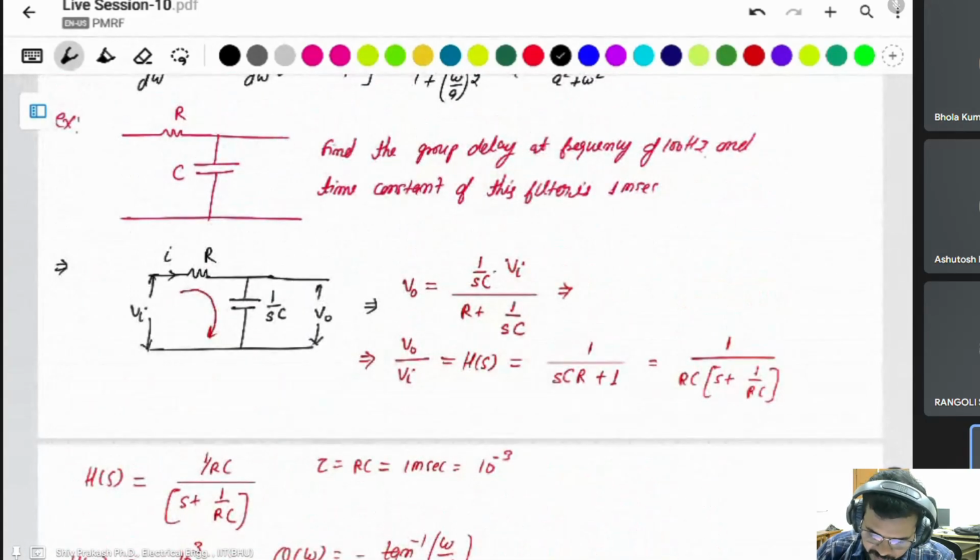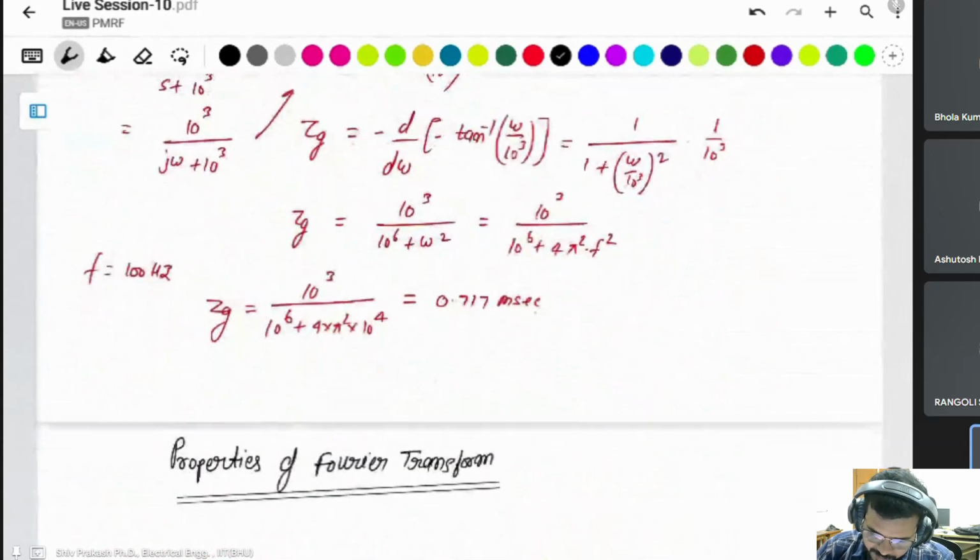Group delay for any system you can find by this method only.